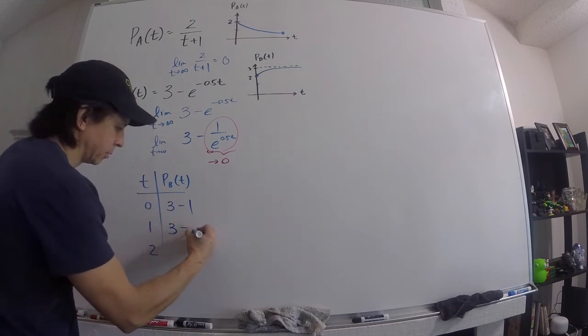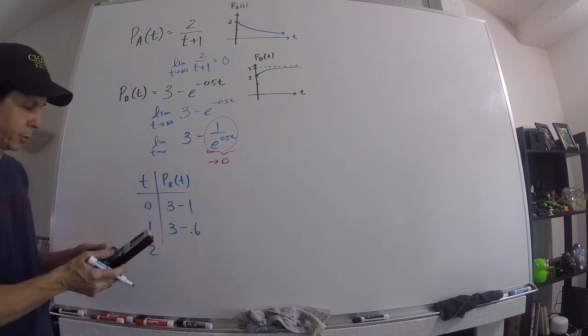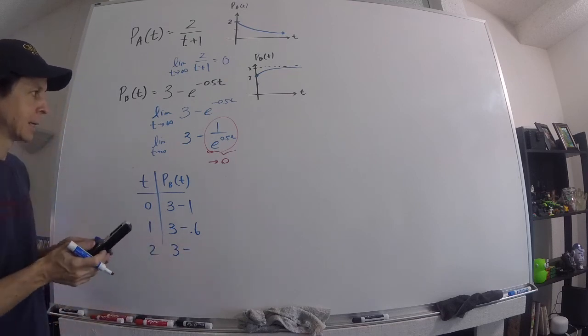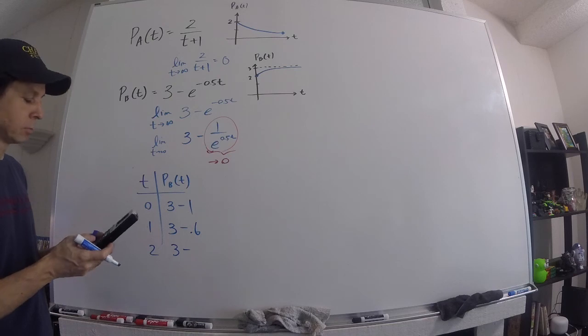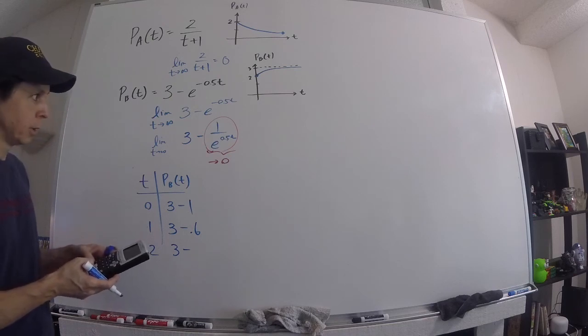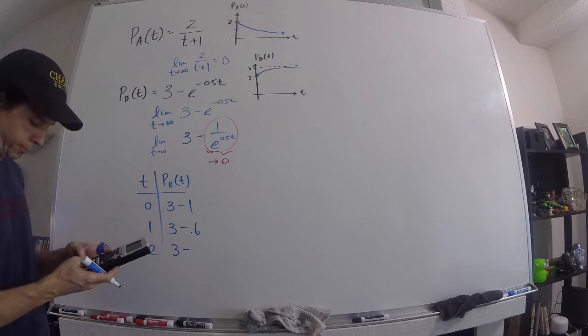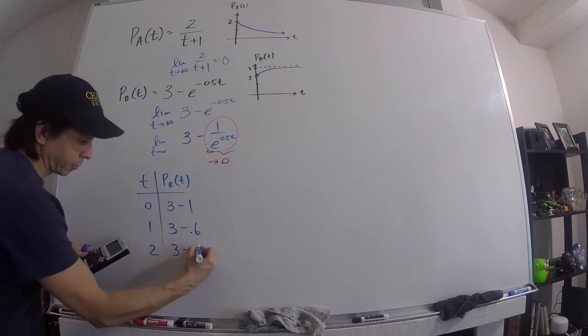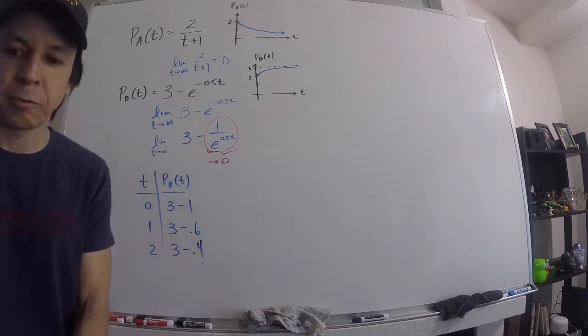Let me do the 2. That's going to be 3 minus exponential to the negative 1. I'll run out to 0.4 because I just want to give you a feel for what's happening.